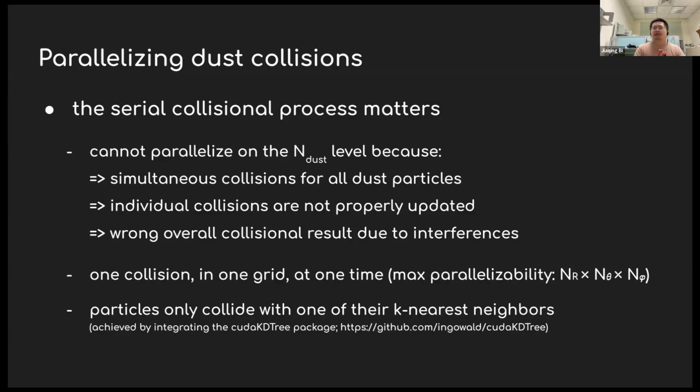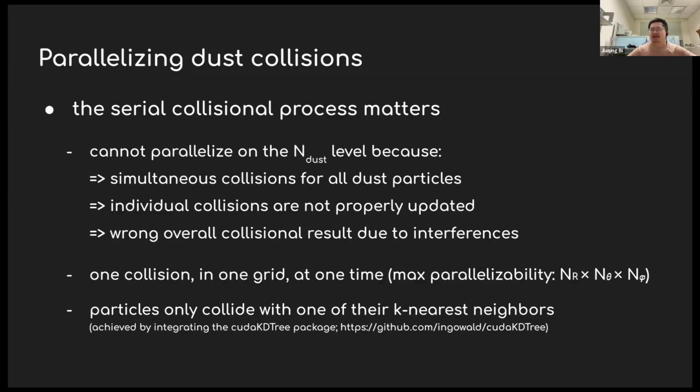This is one of the limitations of doing overall GPU parallelization, because the device memory of the GPU is limited, so we cannot assume that one particle can collide with all the other ones. Instead, we implement that one particle can only collide with one of its k nearest neighbors, its KNN.